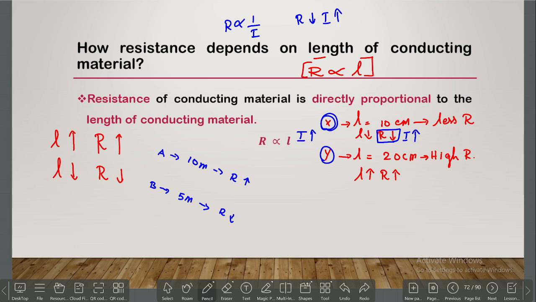Now about the current, through which conductor will more current pass, A or B? Through conductor B. Why? Because here the resistance is low, so more current will pass through conductor B, whereas less current will pass through conductor A. Reason: here the resistance is high, and resistance is inversely proportional to the current flow.